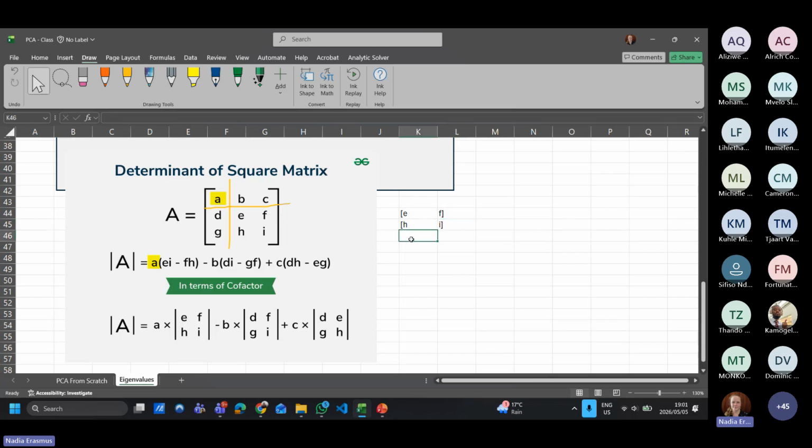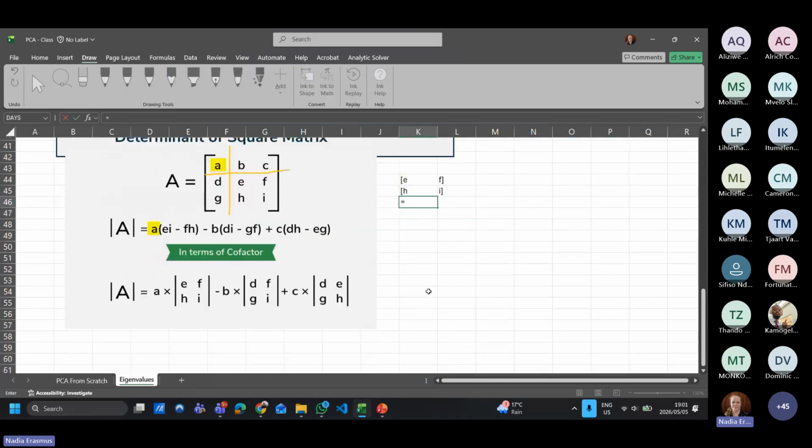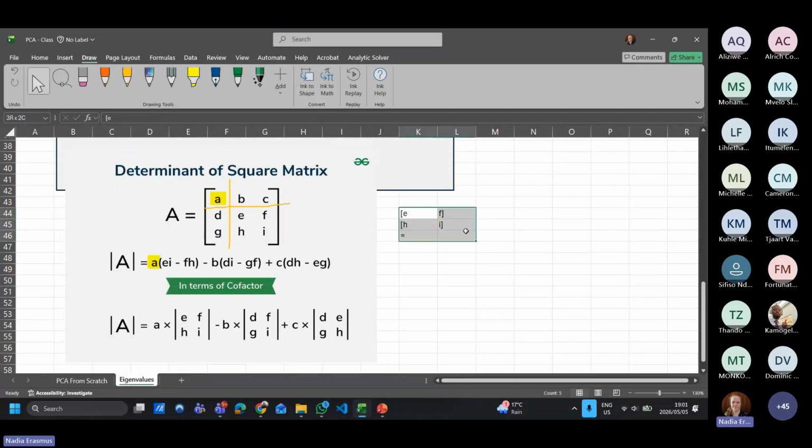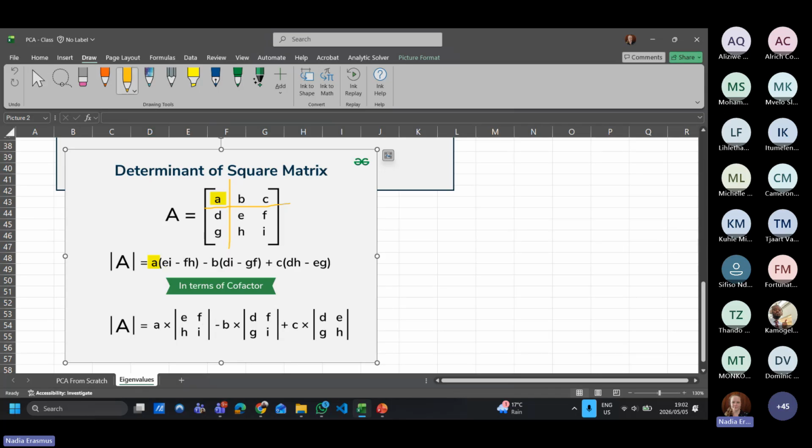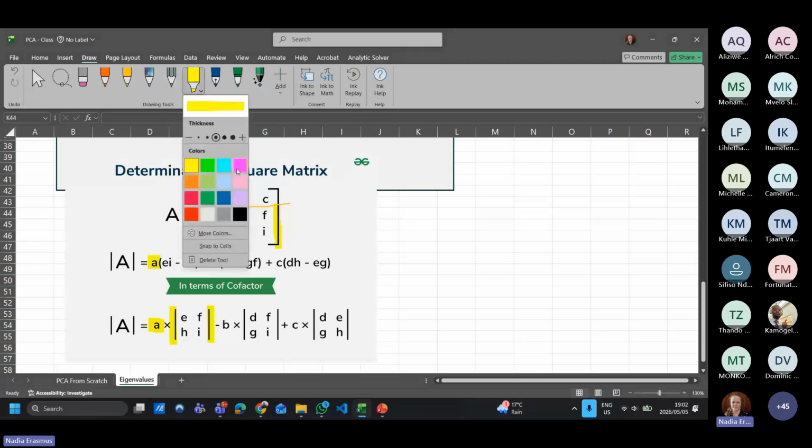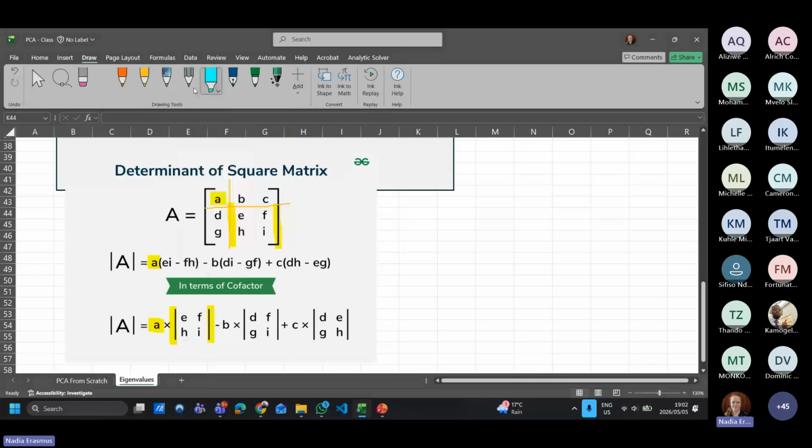And how do you get your matrix is going to be calculated by multiplying. I can just go here. So you have your A multiplied by what's left. So this is the matrix that is left. Okay, then it's minus B. So this formula stays the same. Okay, minus B.